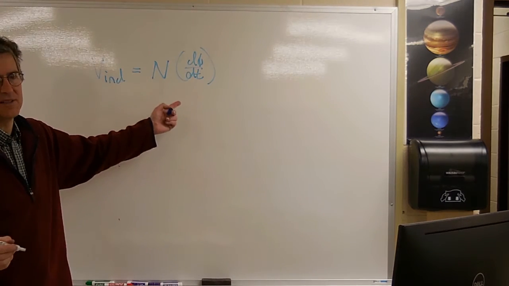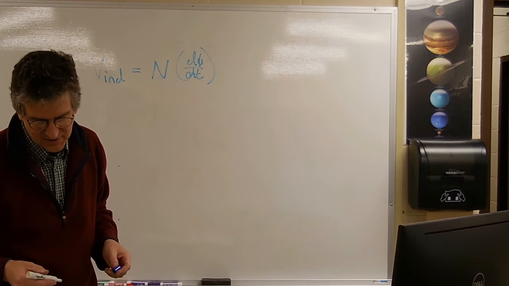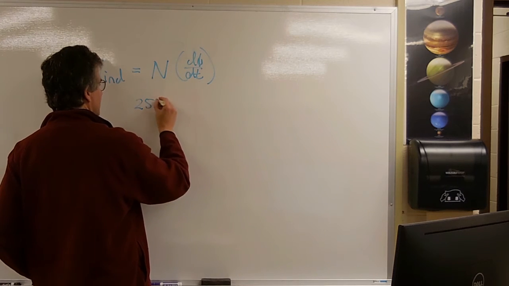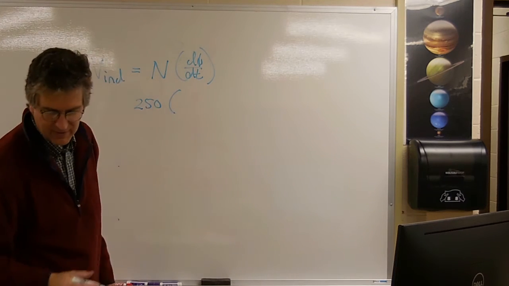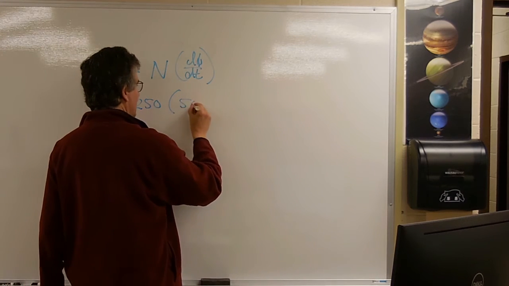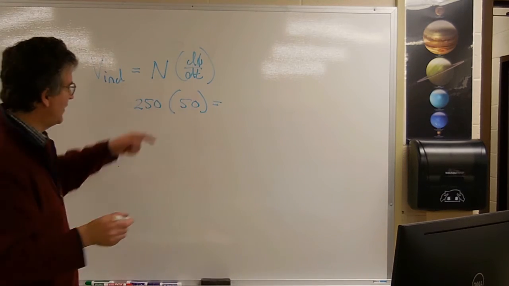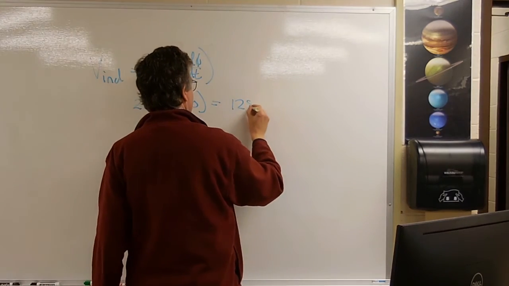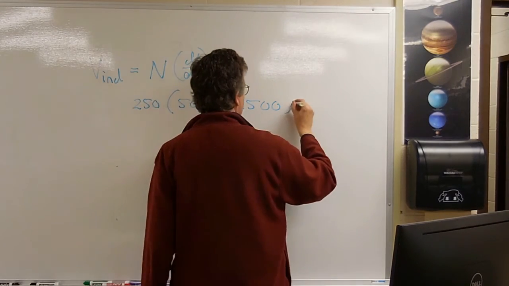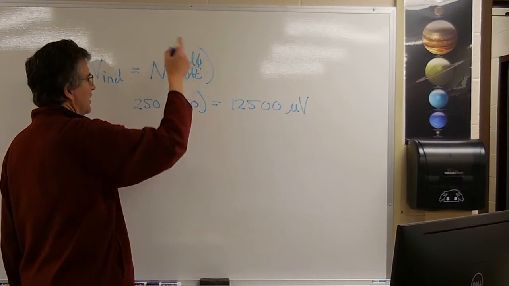That comes from calculus. Whoever wrote the book wants to throw some calculus symbols at you, I guess just to introduce you to it. So you have 250 turns times 50 microwebers per second. 25 times 5 is 125, and then 2 zeros. So that's going to be in microvolts because this was turns times microwebers per second.